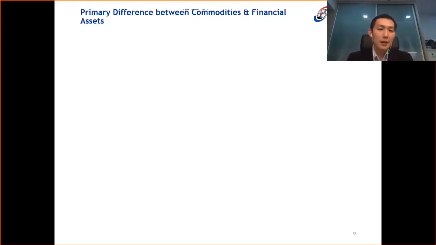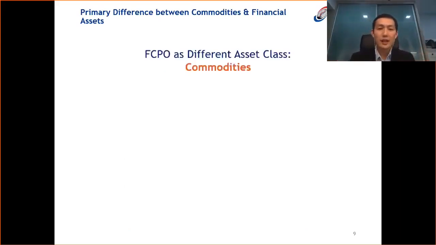Now, do you know what the differences are between commodities and financial assets? Because this is very, very important. As I mentioned earlier, FKLI and FCPO are entirely different categories of things. One thing you need to understand is that FCPO is considered a different asset class. FCPO is considered a commodity.